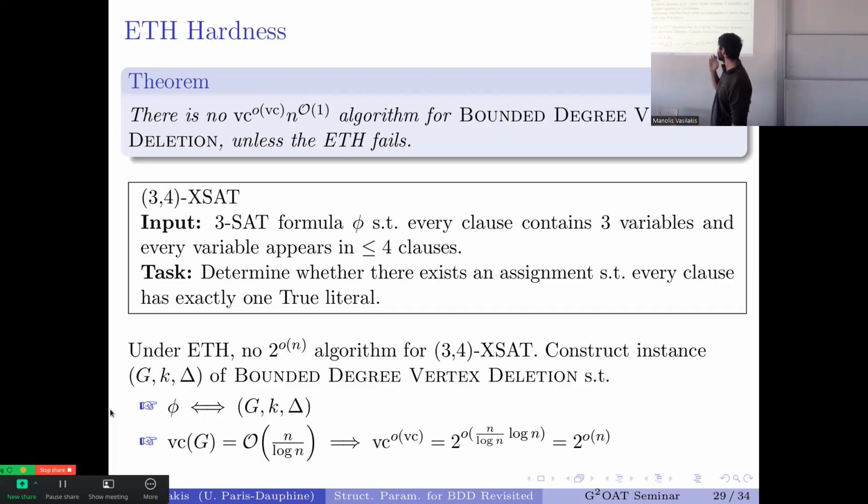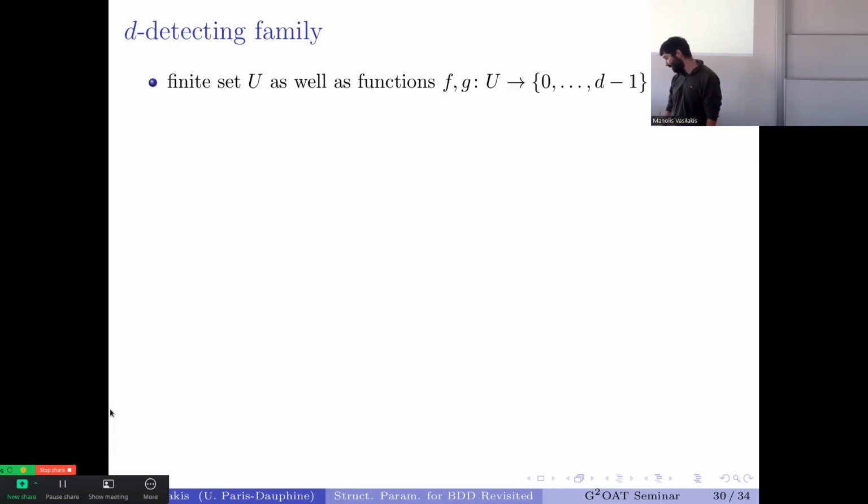Okay, so I hope that's clear where we start from. And now we'll talk about what tool we use, which again, we think will be useful for other problems as well. There is this thing called the d-detecting family, and we're given a set U as well as 2 functions from U to 0 up to d minus 1.